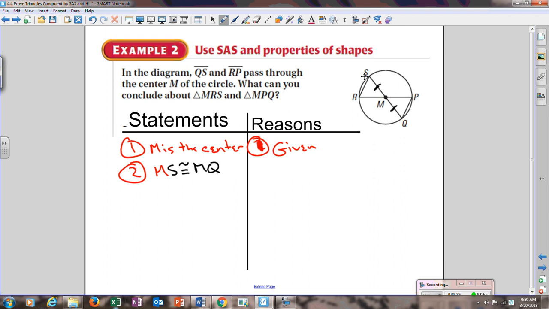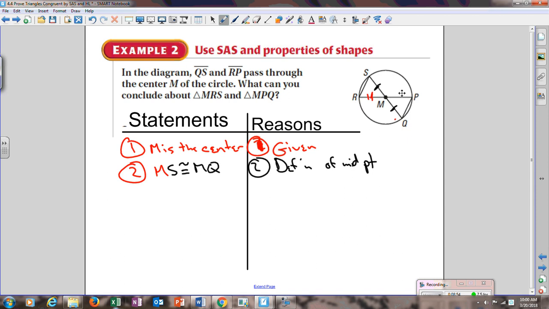Now, how do we know that this half is equal to this half? What's the definition of midpoint? If this is in the center, it's the midpoint of this segment, which means I can cut the segment perfectly in two.